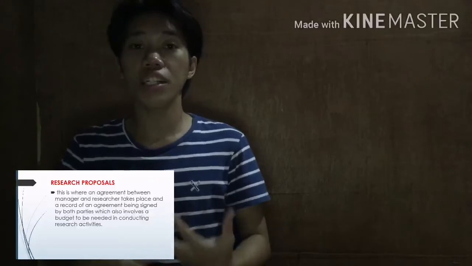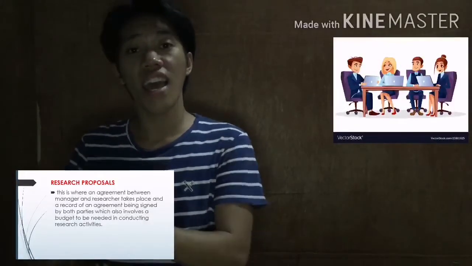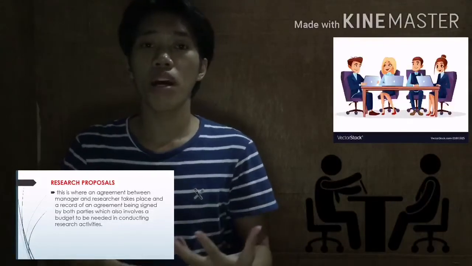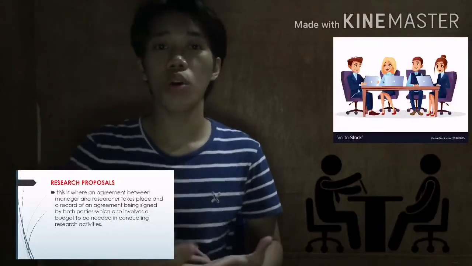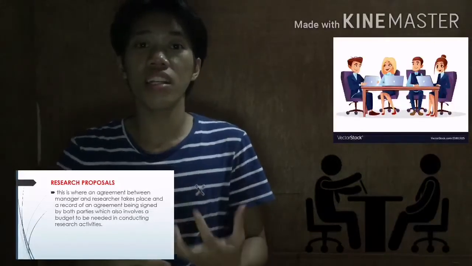In research proposal, this is where an agreement between managers and researchers takes place, and a record of the agreement is signed by both parties, which involves a budget needed in conducting research activities.